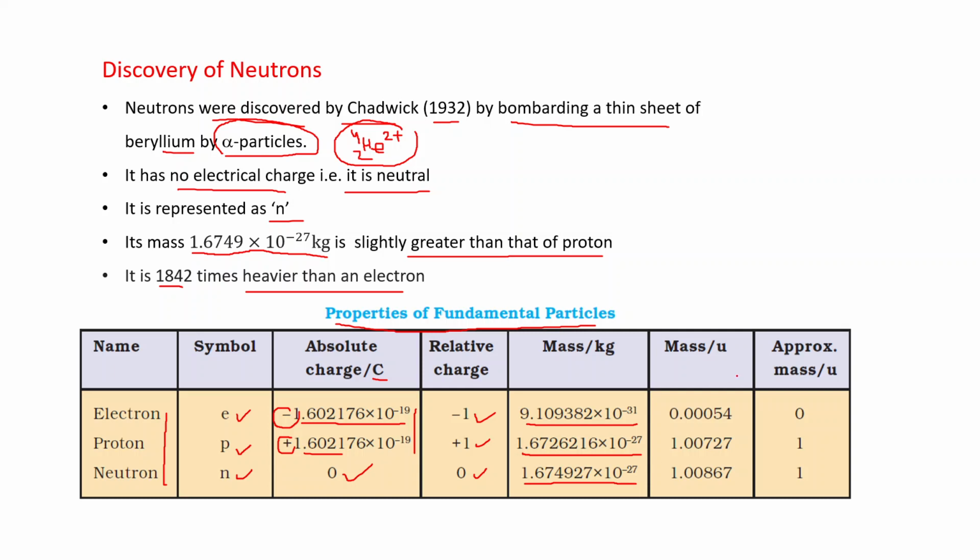If we express these masses in u, then for electron, this is 0.00054 u. For proton, this is 1.00727. For neutron, this is 1.00867. And if we find out the relative masses of these related to each other, then mass of electron is considered as 0, mass of proton is 1, and mass of neutron is 1.